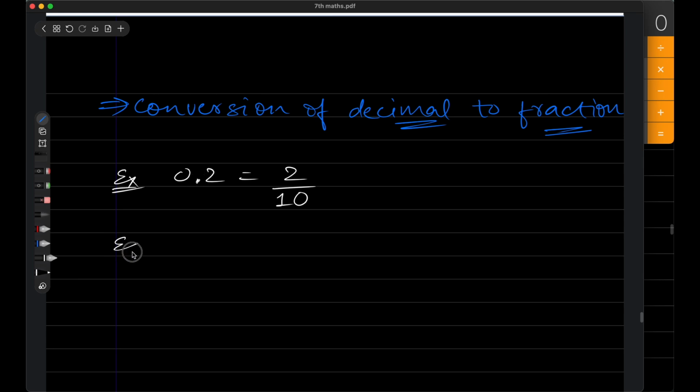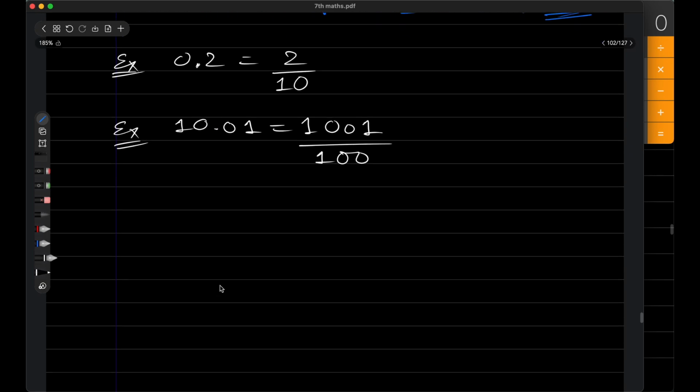Let us take one more example. 10.01. First write the numbers without the decimal point, and in the denominator count the number of digits after the decimal point. There are 2 digits, so divide by 100.